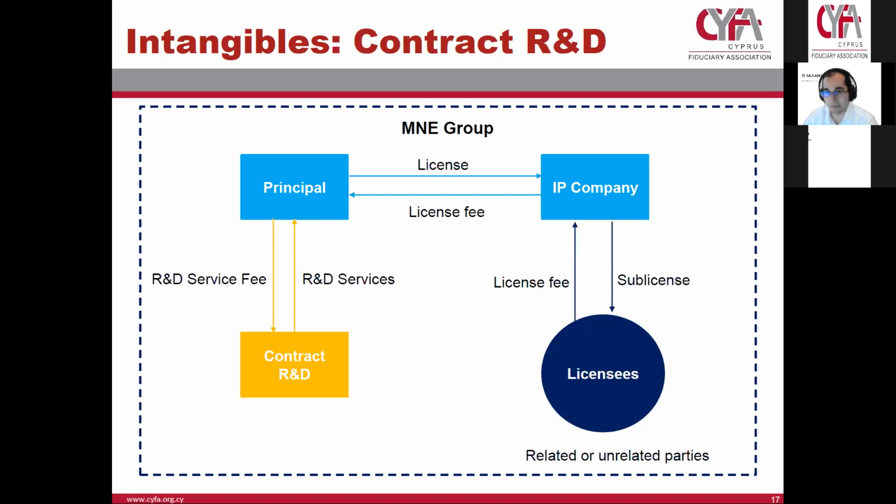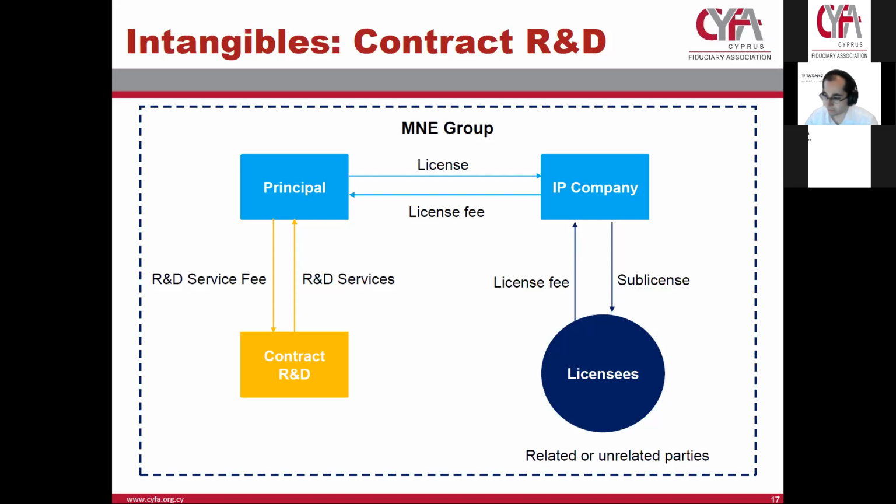And the principal is an entrepreneur, or at least that's the design that a group may have. But then the problem is that is only going to be respected for transfer pricing in relation to intangibles if the principal actually performs the DEMPI functions.